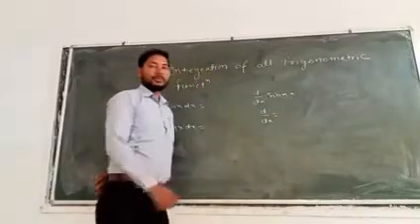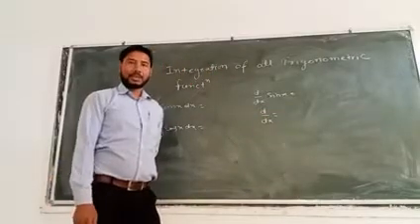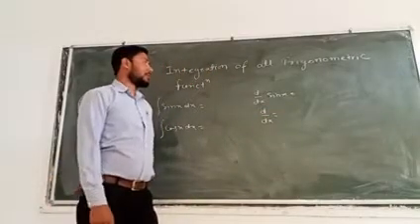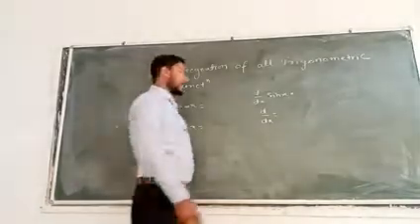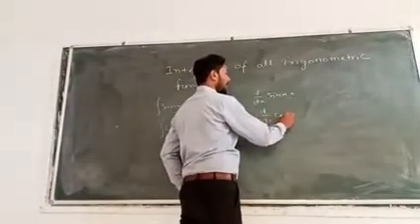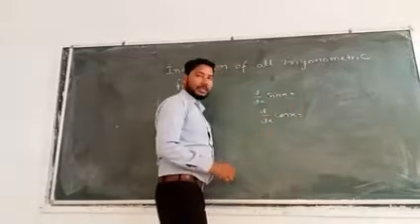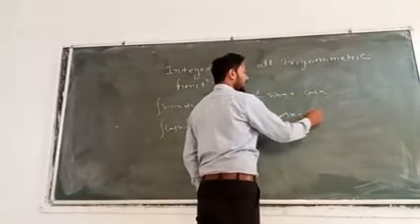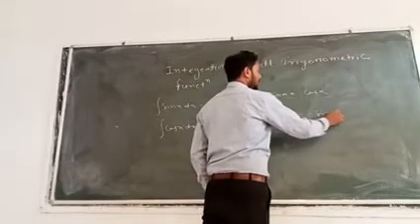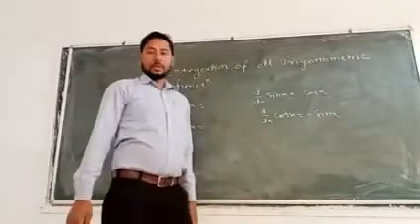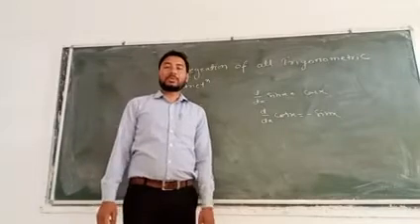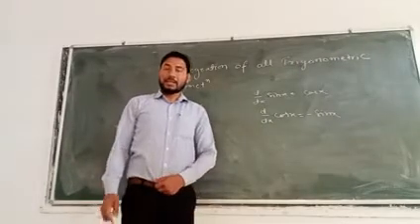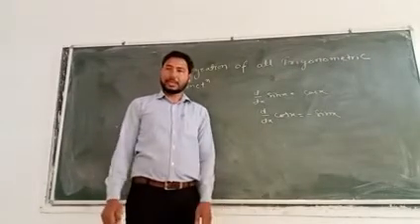In the previous chapter, we discussed differentiation, and we know very well the differentiation of sin x and cos x. Differentiation of sin x is equal to cos x, and differentiation of cos x is equal to minus sin x. We also know that integration is the opposite process of differentiation.